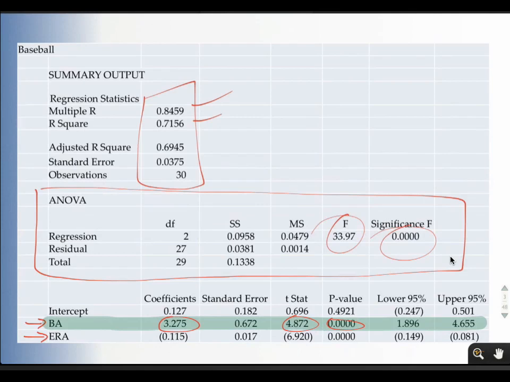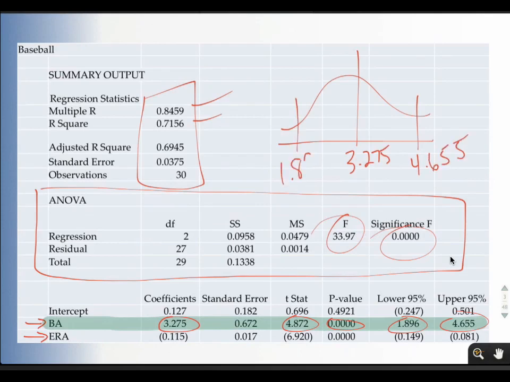And then we're also going to talk about confidence intervals for each of these slopes. And you could see that if I was to draw and put 3.275 here, we can then have our confidence interval around that using these two values, and it gives us a range of values that it can go from.